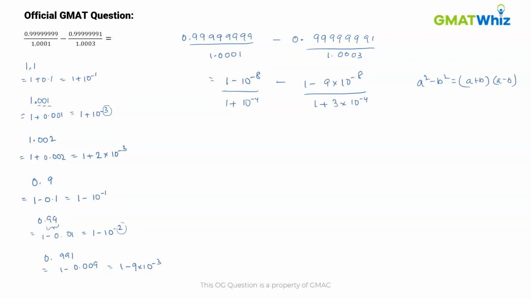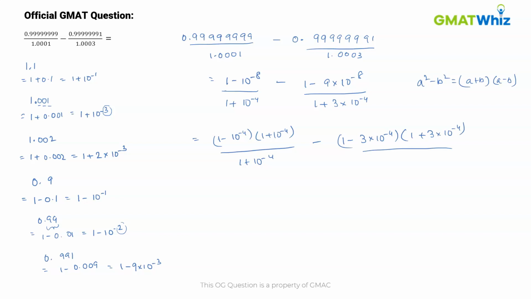That means we can write the numerator as 1 minus 10 to the power minus 4 multiplied by 1 plus 10 to the power minus 4. And in the denominator, we have 1 plus 10 to the power minus 4. Similarly, for the second term, we have 1 minus 3 into 10 to the power minus 4 multiplied by 1 plus 3 into 10 to the power minus 4.